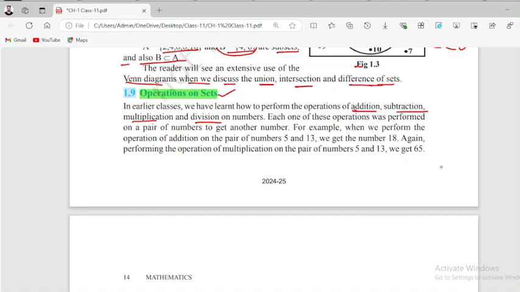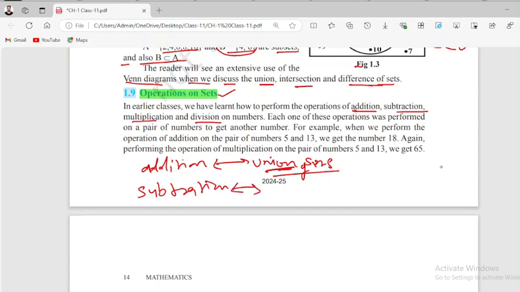Now, how can we use operations in sets? Addition can be replaced by the union of sets, and subtraction replaced by the intersection of sets.